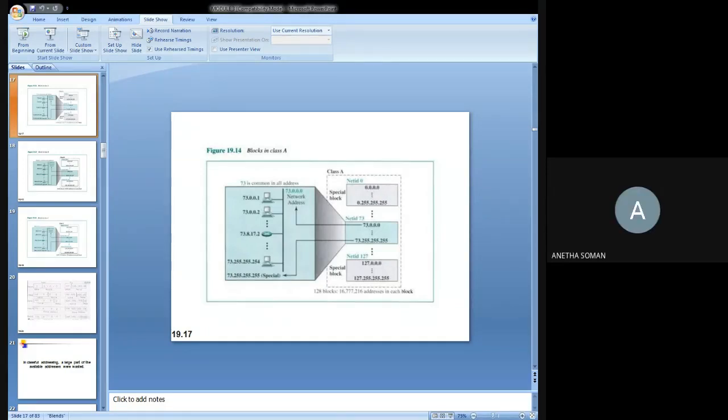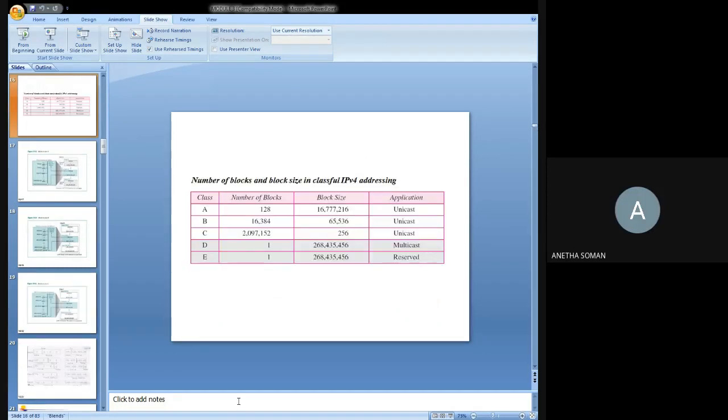Okay. Now, coming to class B. How many blocks do you have in class B? In the table, it is written 16,384, and the block size is 65,536. Out of the total number of blocks, 16,384, some are reserved for private addresses.